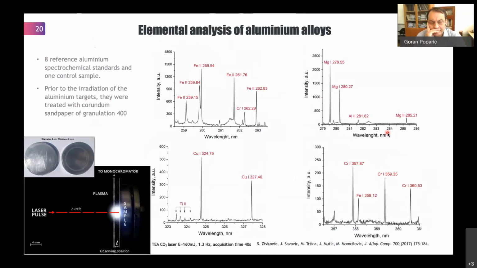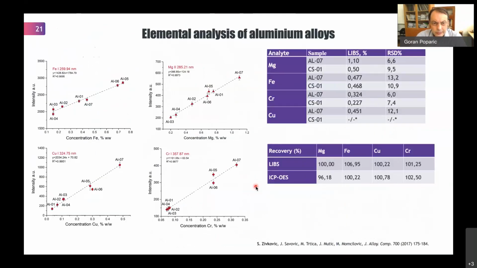We optimized our TEA LIBS measurements. You can see the other parameters of this experiment and the recorded spectra of the analytes of interest. Using these spectra, we again constructed calibration plots and used them to determine concentration in one reference sample, which was not included in the calibration, and in our control sample.